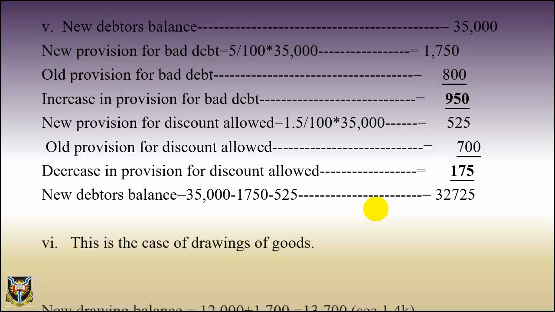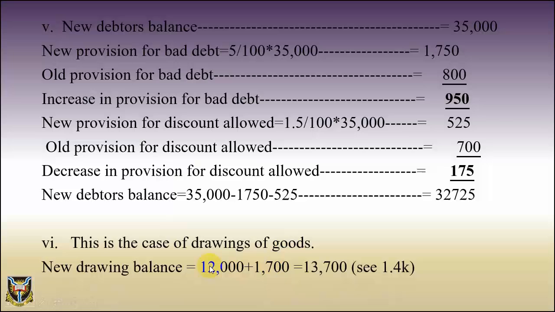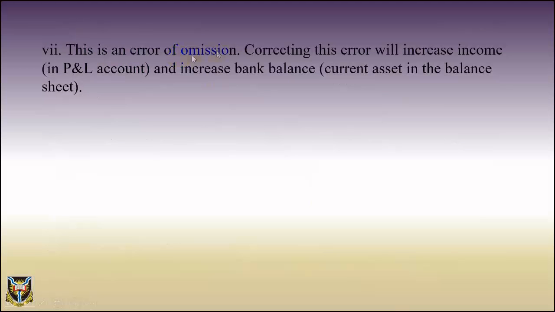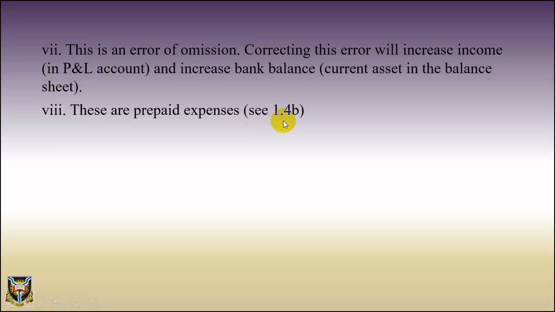6. This is the case of drawings of goods. New drawing balance is equal to 12,000 plus 1,700 is equal to 13,700. See 1.4k. 7. This is an error of omission. Correcting this error will increase income in P&L account and increase bank balance, a current asset, in the balance sheet. 8. These are prepaid expenses. See 1.4b.